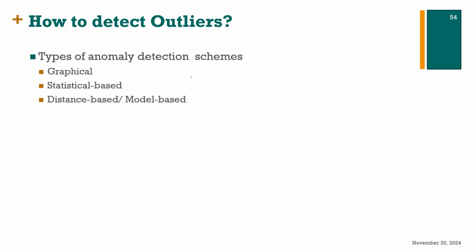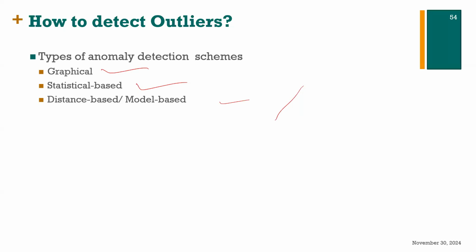Because of our time, I think it's going to be a good time to stop for the day. So we're going to start from what are the methods of detecting outliers, the graphical methods, the statistical based method, the model based method, and then hopefully we're going to be ending it with methods of treating outlier.